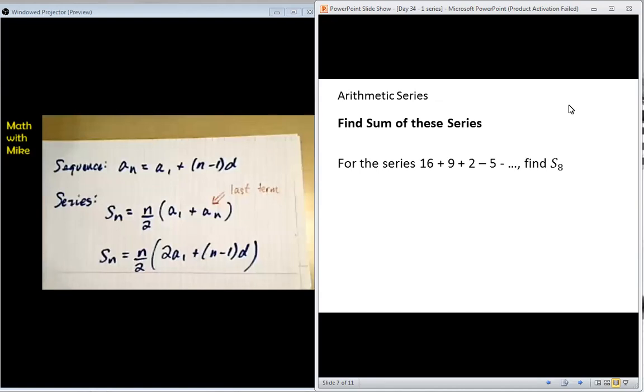Do we have the first term, A1? Yeah, that's there, staring right at us. Do we have N? Yeah, okay, that's good. Do we have D? No, not directly. Can we find it? Yeah, if we're careful.